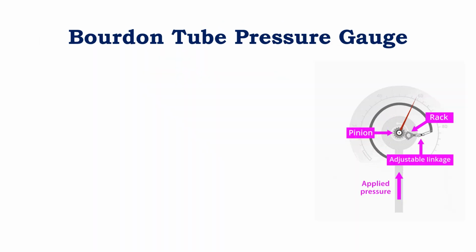So the first one is the Bourdon tube pressure gauge. As you see in this GIF, the pressure is being applied from the bottom, and the spring-like element is elastic; if the pressure is high, it deforms more.